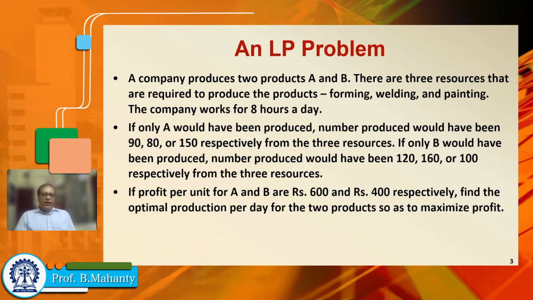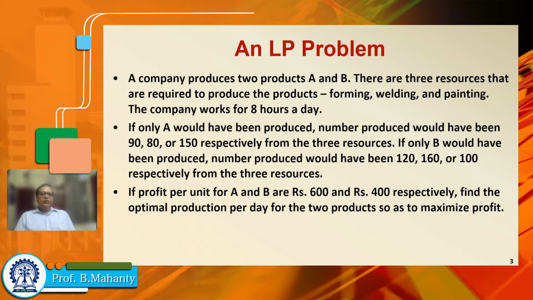So the intercept method, as we already discussed: suppose x1 and x2 are the numbers of product A and product B that have been produced. With regard to the forming resource, it could be 90 of A or 120 of B. So x1 by 90 is the share of A, and x2 by 120 is the share of B. So x1 by 90 plus x2 by 120 should be less than or equal to 1.